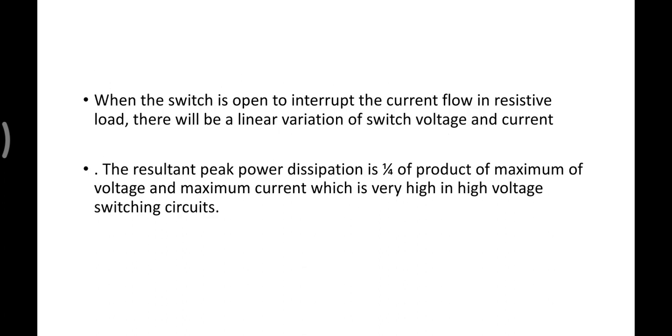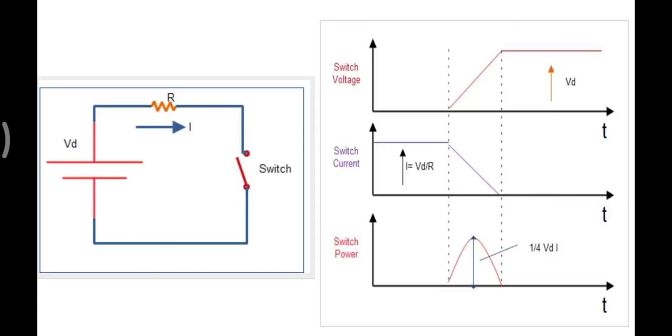So when the switch is opened to interrupt the current flow in a resistive load, there will be a linear variation of switching voltage and current that results in peak dissipation. That means almost 1/4th of the product of maximum voltage and maximum current, which is very high in high voltage switching. So let us see the diagram. This is a simple diagram to understand the basic operation of this circuit.